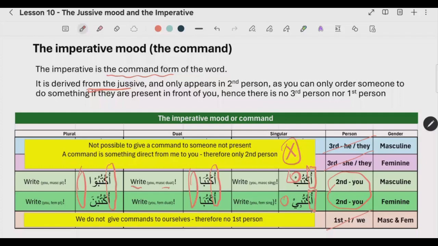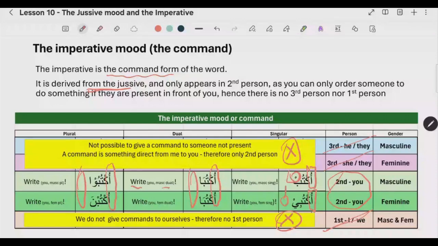Also, in normal speech you don't normally talk to yourself and give a command to yourself and say, "Hey, you must start writing." I mean, you do think like that, but you don't say it. So even the first person doesn't apply in this whole table. It's a much shorter table, almost like the jussive in terms of the endings.